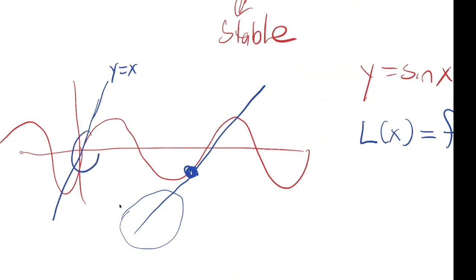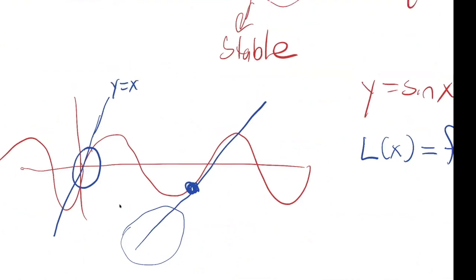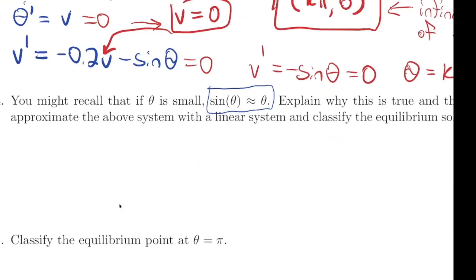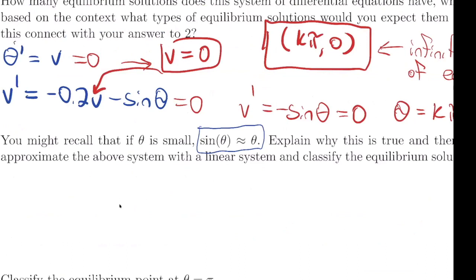So rather than use this sine function, which is not linear, we can replace it with its linear approximation, which is theta. So now I can take this system from above and I'm going to put theta in place of sine theta, which is fair to do as long as we're just thinking about theta being small.